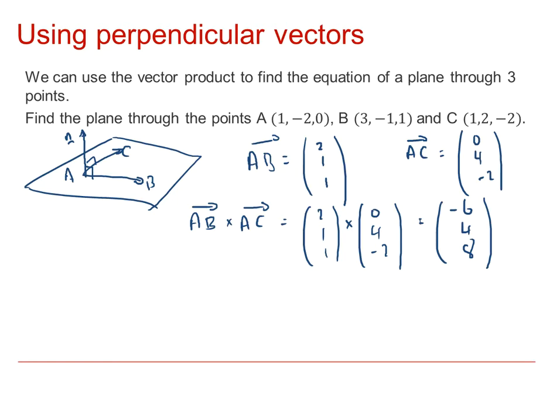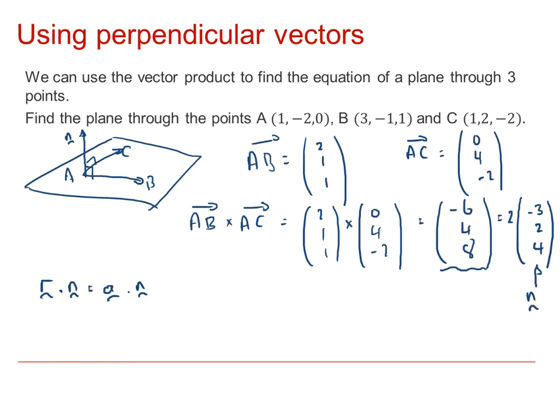The equation of the plane then is r dot n is equal to a dot n, where a is a point in the plane, so we can literally use A, which is the point (1, -2, 0), and n is a normal vector. We could use the fact that we can divide through by 2 to give us (-3, 2, 4) as a simpler normal vector n.